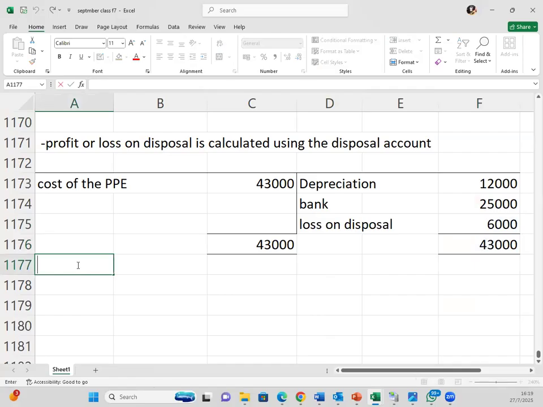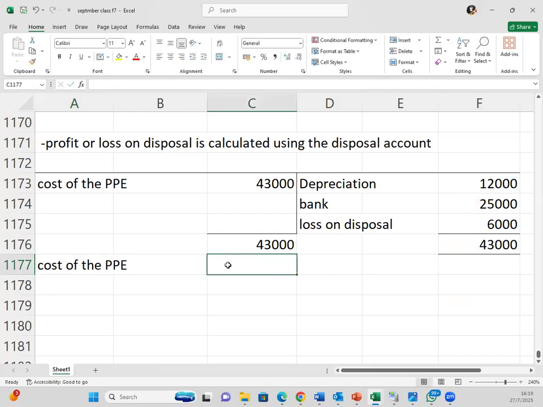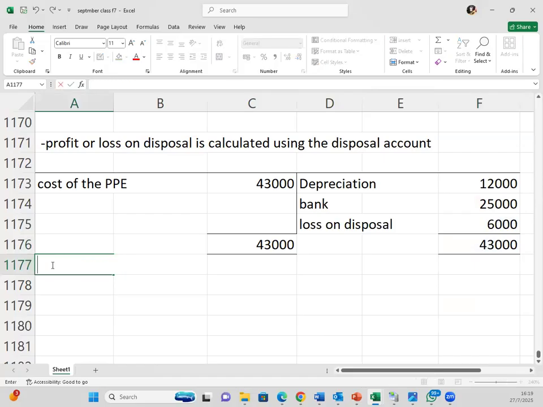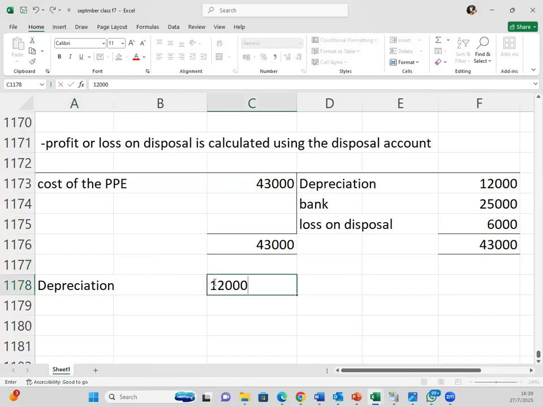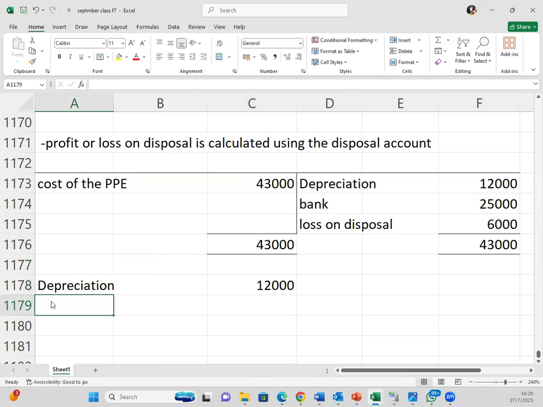They can say maybe the cost of the PPE, or the depreciation, $12,000. Then the bank is 25,000.